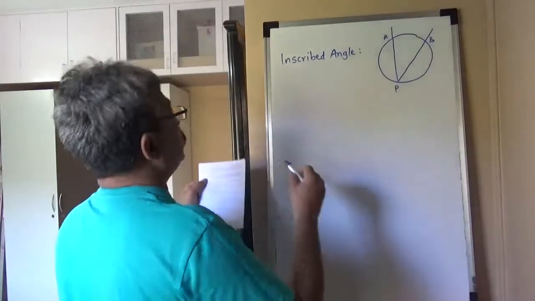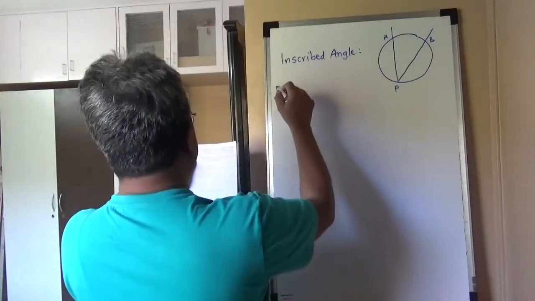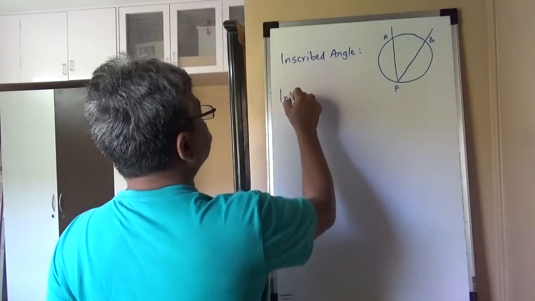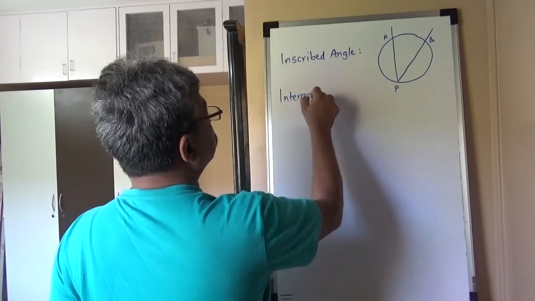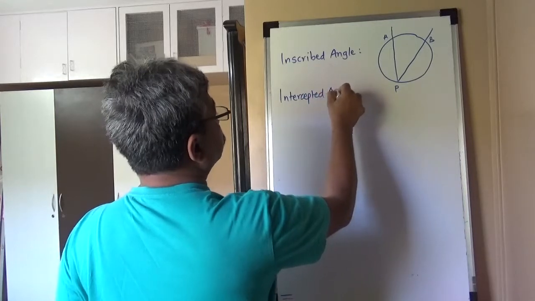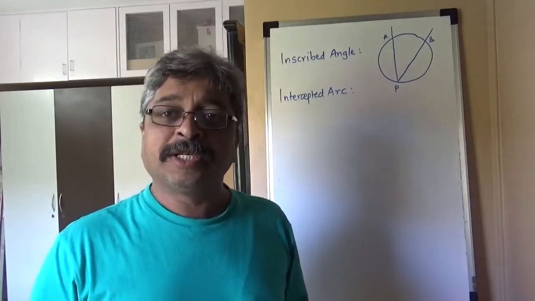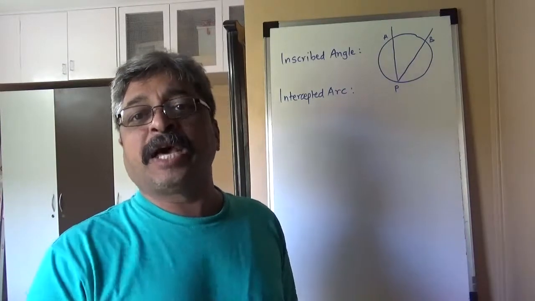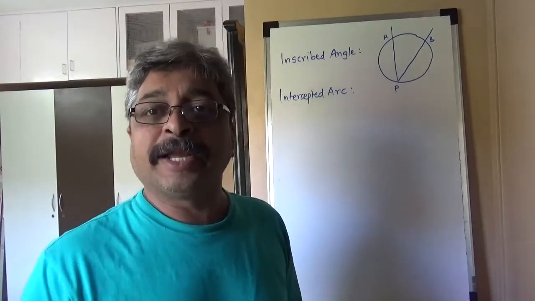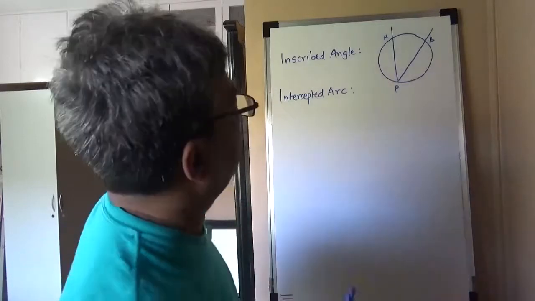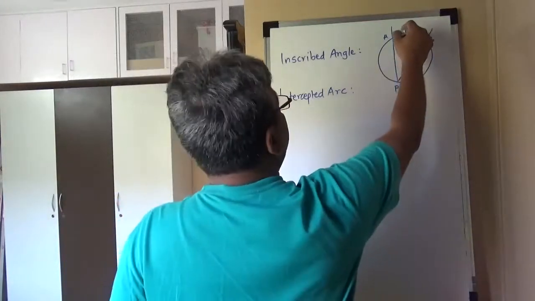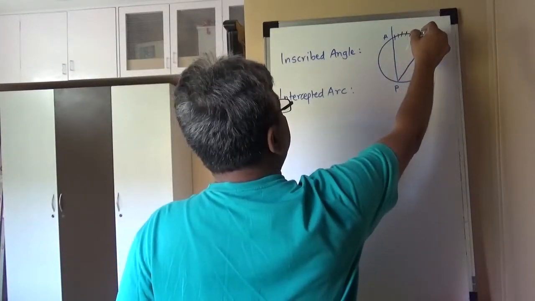That definition is given. The second definition is intercepted arc. As the name suggests, if there is an angle and there is an arc which is intercepted by that angle, we call that arc the intercepted arc. So in this diagram, this is the intercepted arc.